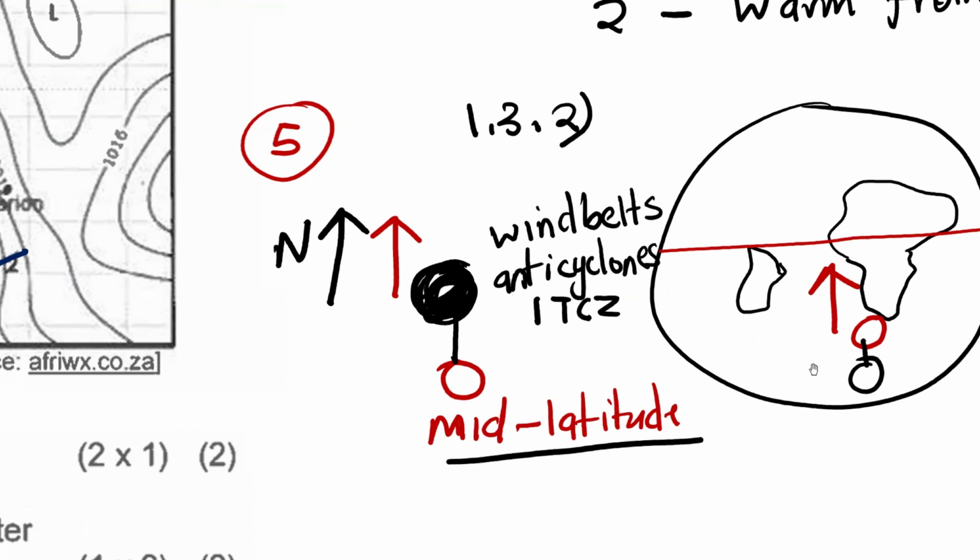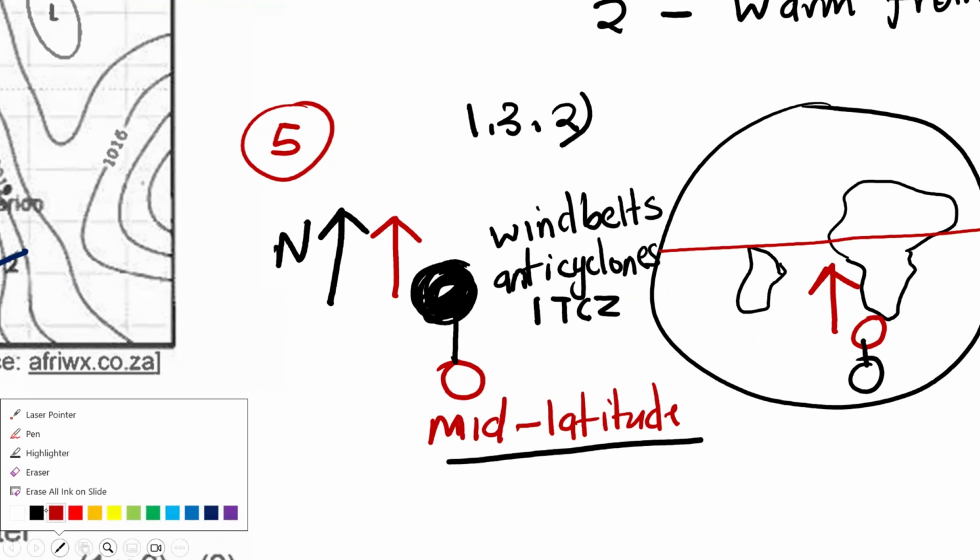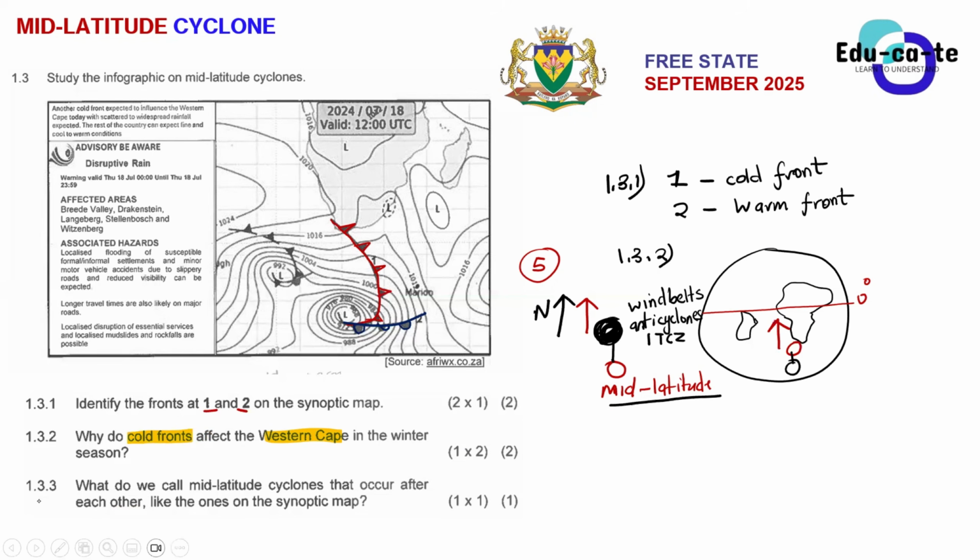Yes, sir. Yes, exactly that. That's what you guys were trying to explain all along. So basically, when this mid-latitude cyclone moves northwards, it means that it will end up affecting this region, which is South Africa. When the anticyclones, the westerly wind belts and the ITCZ all move northwards, the mid-latitude cyclone will also move northwards. You can see that as it moves northwards, it is getting closer to South Africa. This is South Africa, if you cannot see.